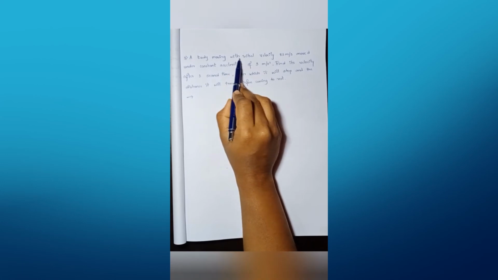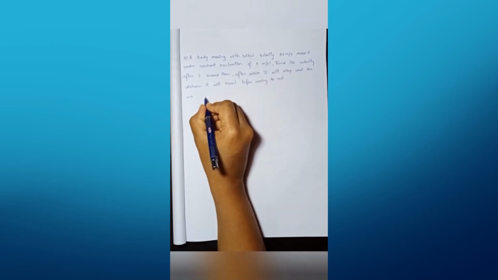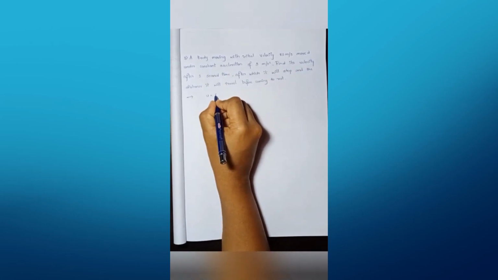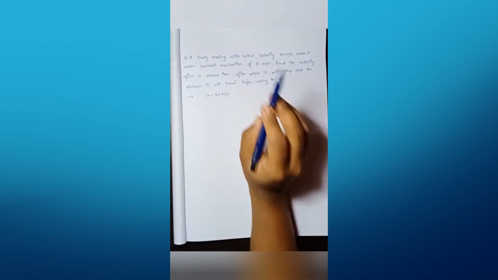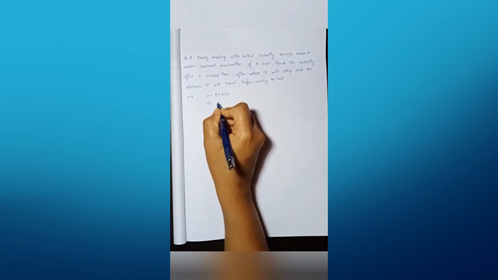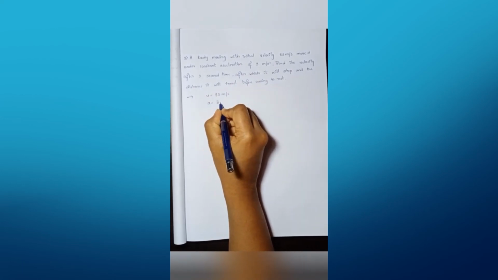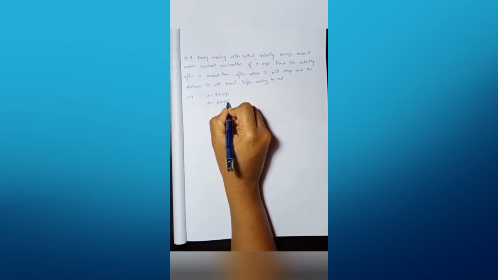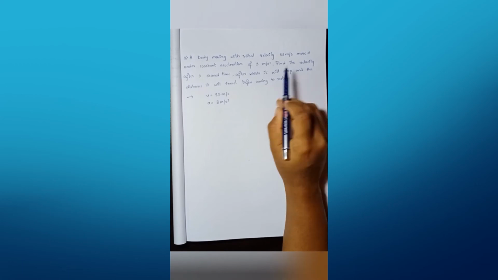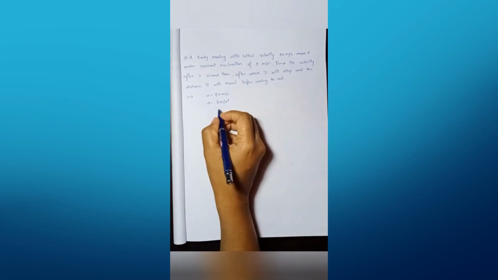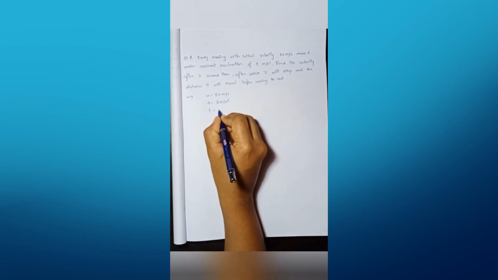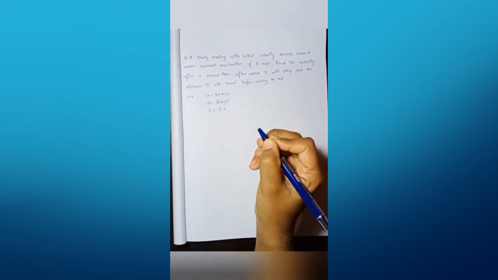A body moving with the initial velocity, that is u is given, u is 83 meter per second, moved under the constant acceleration, a is given, 3 meter per second square. Okay, and find its velocity after t seconds. What is given? t is given, 2 seconds.